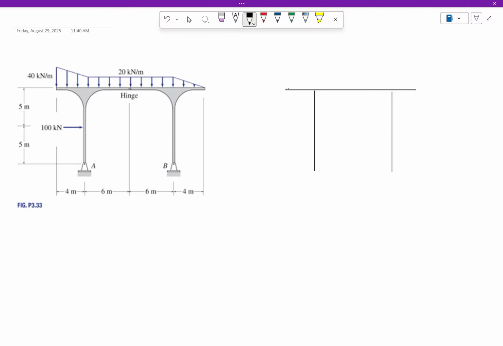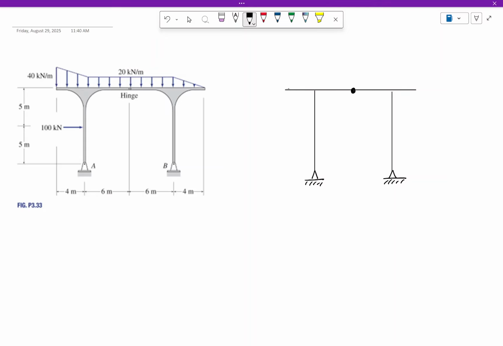It doesn't matter that the frame has this rounded part. You can just treat this as a hinge, a pin support, a pin support, and there you go. Does that make sense? So you can ignore that.